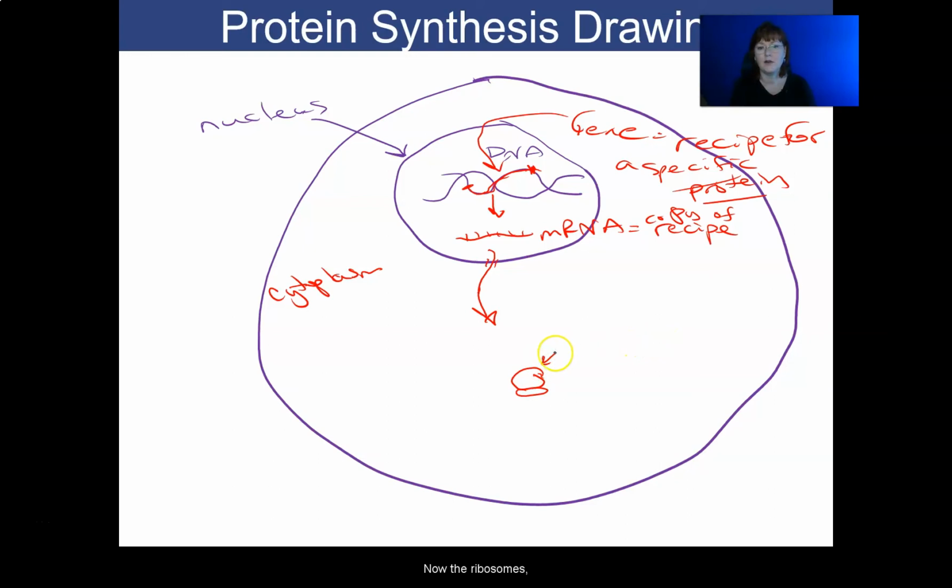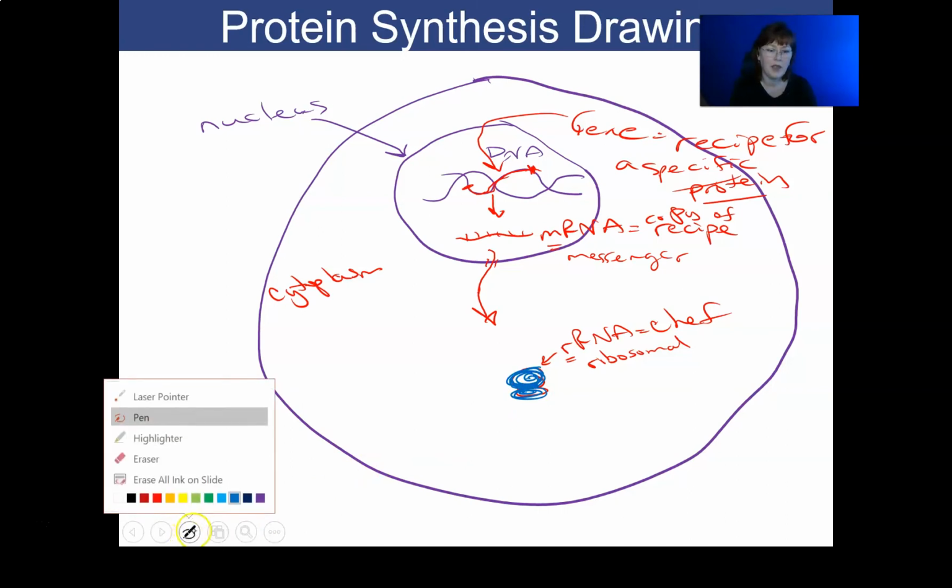Now the ribosome is rRNA. So the R stands for ribosomal. The M here stands for messenger. So it carries the message. And this is my chef. So let's make my ribosome blue, just so we don't confuse it with our mRNA.